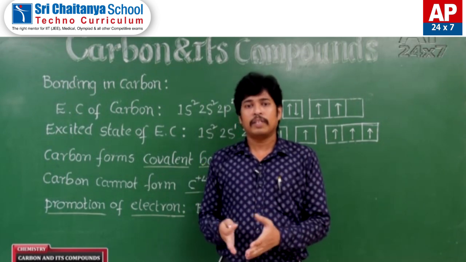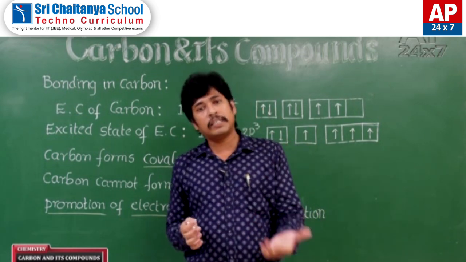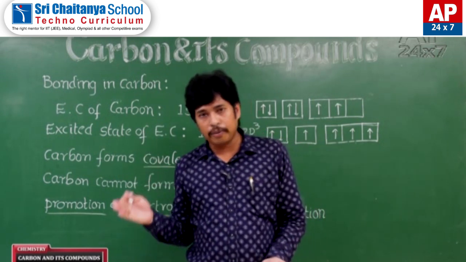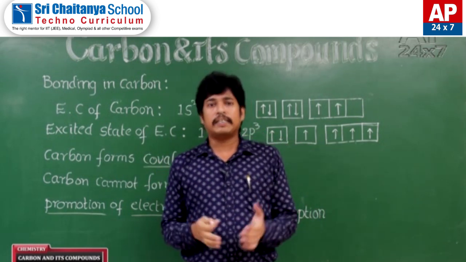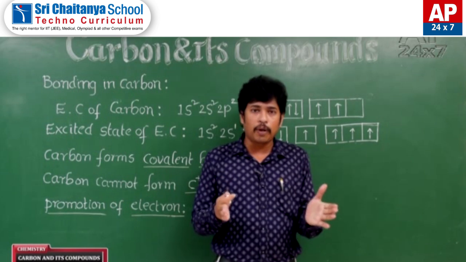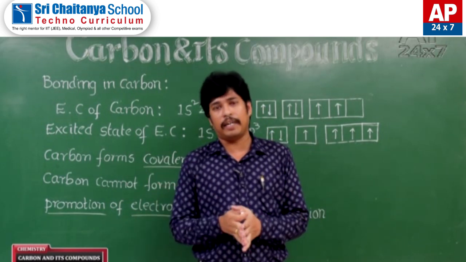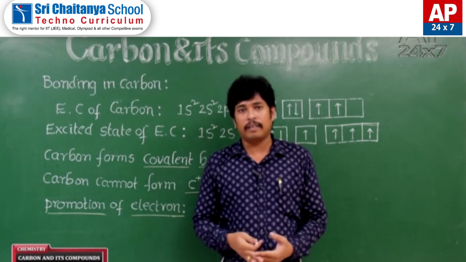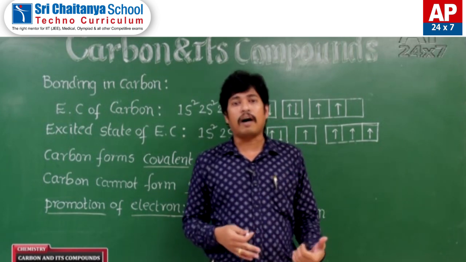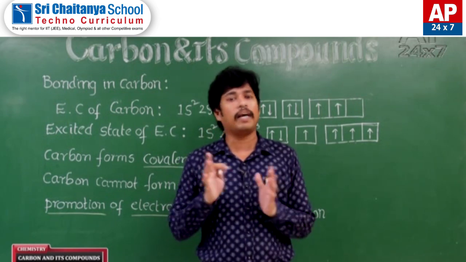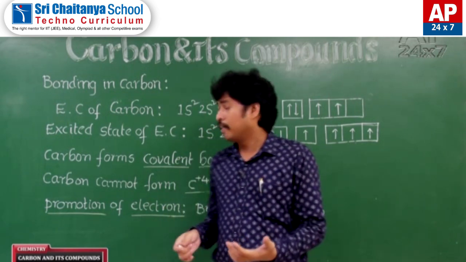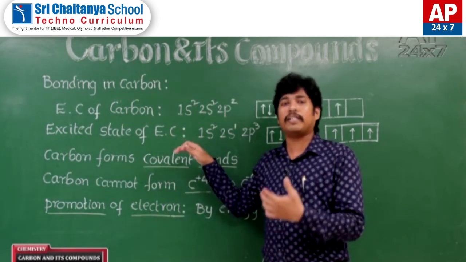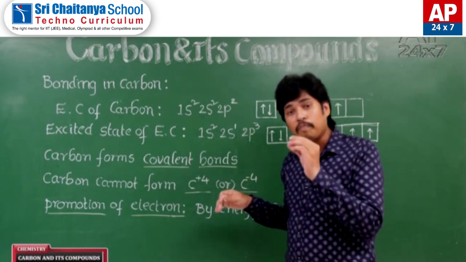Here, these two properties, ionization energy as well as electronegativity of carbon, are somewhat moderate, not too low or too high. So when carbon is involved in bond formation, is the loss of electron or gain of electron possible or not? As I said, the electronegativity and ionization energy of carbon are moderate.